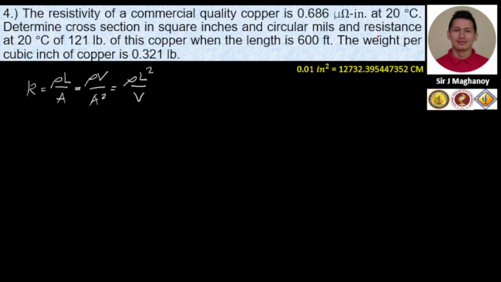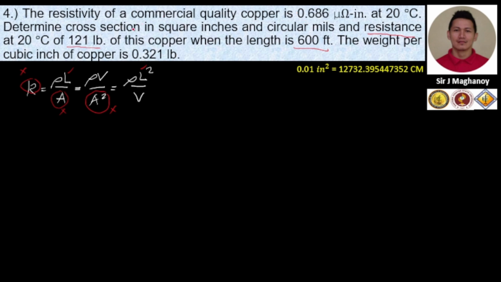We are tasked to determine the resistance, so the resistance is unknown. Determine the cross-section in square inches and circular mils. That is our cross-sectional area. Also, we are given the weight, 121 pounds, and the 600 feet, so length is given.